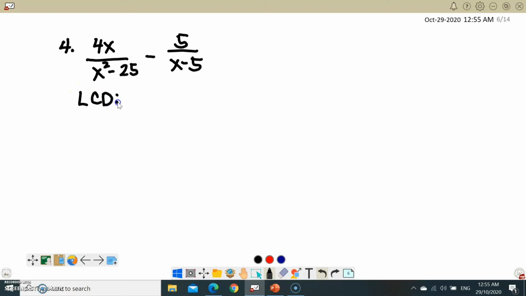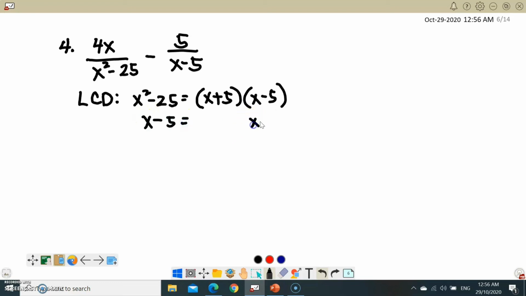Okay, let's do number 4. So 4x over x squared minus 25 minus 5 over x minus 5. So we need to find the least common denominator. So factors of x squared minus 25, we have x plus 5 multiplied by x minus 5. How about factors of x minus 5?